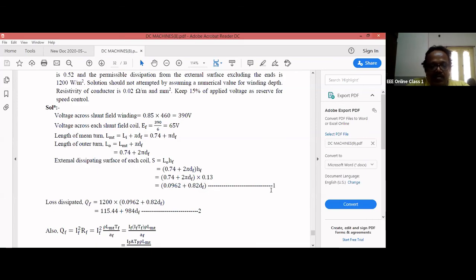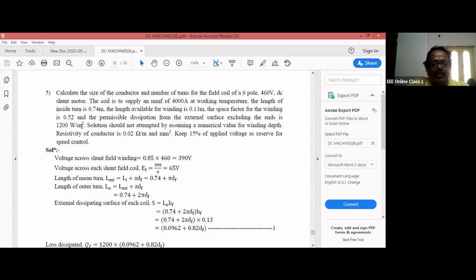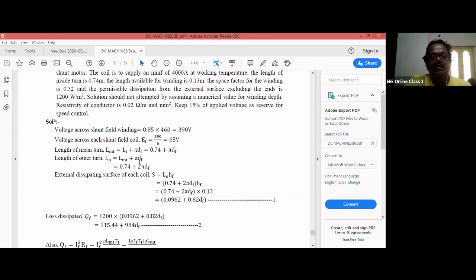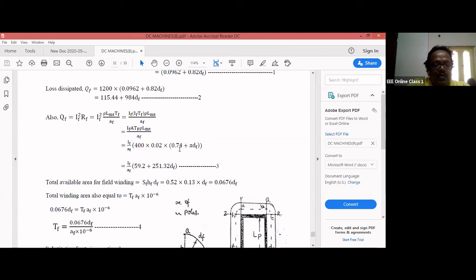Take this as equation 1. The loss dissipated is given in the problem as 1200 watts per meter square. So whatever the available area, you have to multiply with 1200.